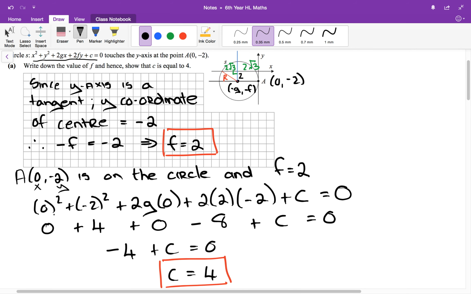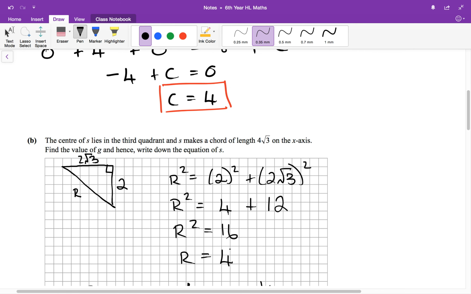You get x squared, which is 0, and then -2 squared. It's 2 times g, and the g would be a problem except that you're multiplying it by 0, so it gets rid of the problem. 2 times 2 times -2 plus c, so you end up with 4 minus 8... -4 plus c, and then c equals 4. So they were the two answers for that part.